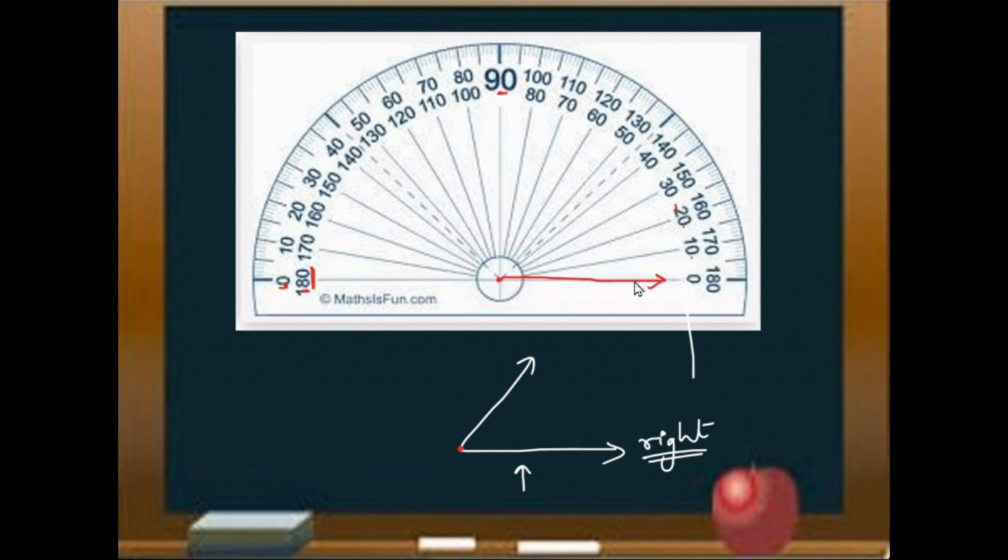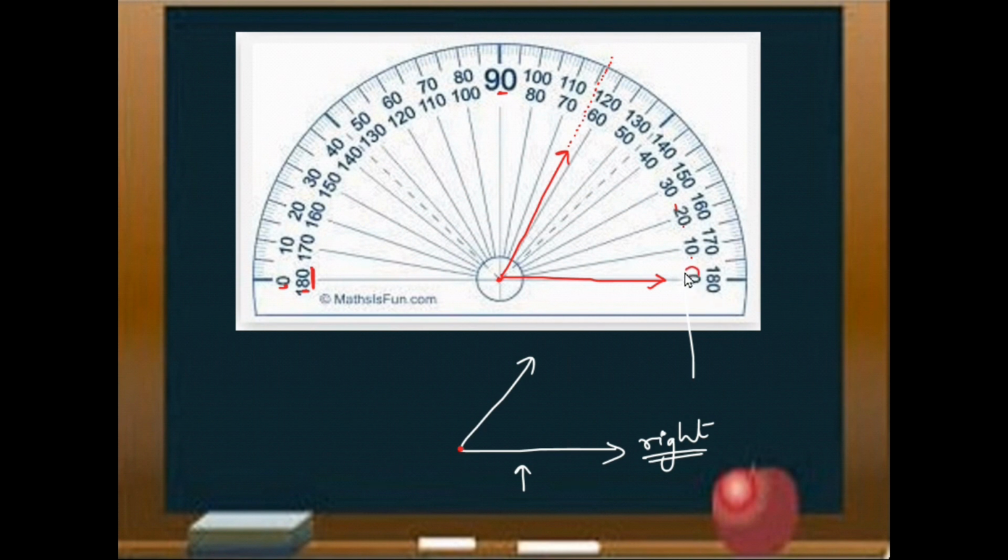The base arm should overlap on this line and should point towards the 0. Then for the other arm, I will see which direction it is going. If I extend this, it is falling somewhere here.